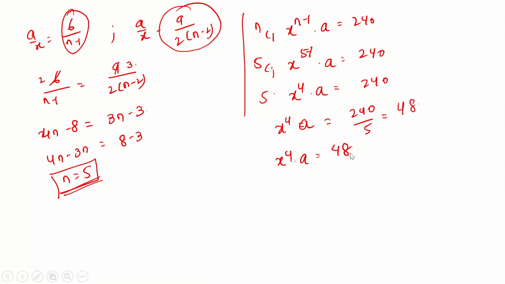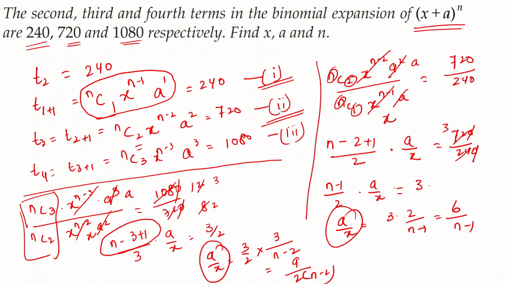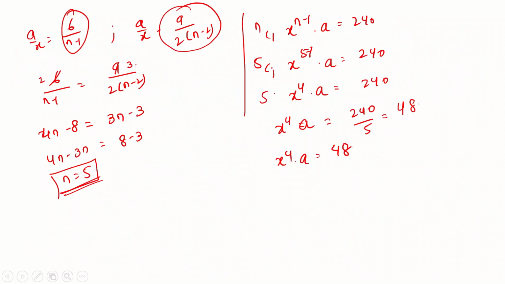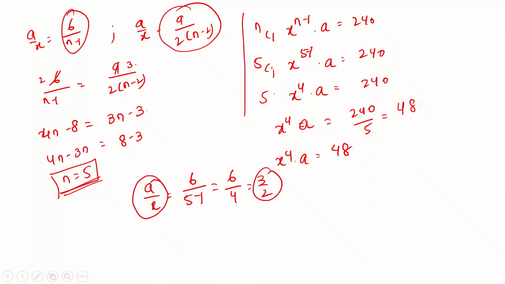Now I have to find out the value of a and x, and I can use this thing now. So we have also this equation, a by x is equal to 6 by n minus 1. So we make use of it. So we have a by x is equal to 6 by (n minus 1), which is 5 minus 1. So it's 6 by 4, which is equal to 3 by 2. So I have the value of a by x. So I can find out the value of a from here.